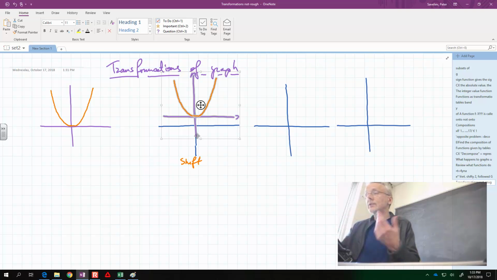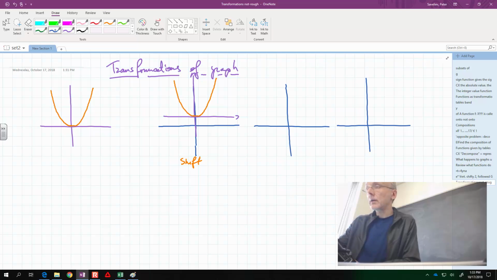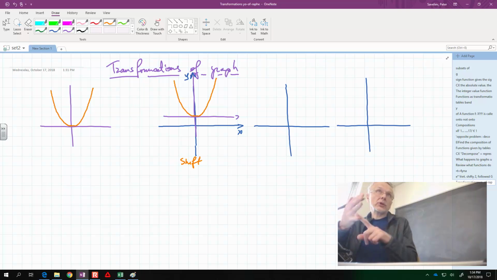So you can see what has happened. It's a shift. So let me mark the new axis here. So these are the new axes. Same exact shift, same exact shape. That's the key to remember, that the first 2 do not change the shape. Shift and flip, you can do it with a piece of paper. However, if you're talking about stretch, it is a piece of rubber, and the shapes change. Okay, so this is the shift.